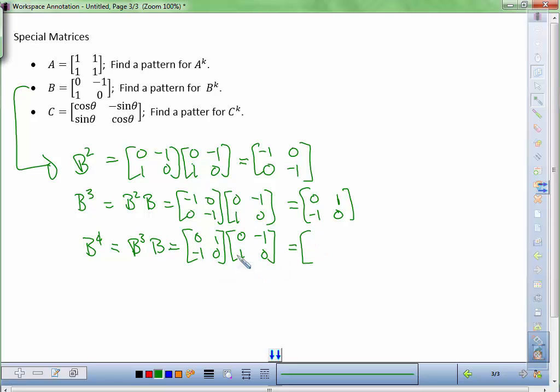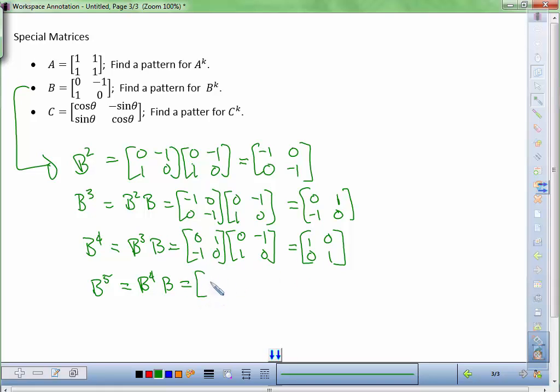All right, first row, first column gives 1, and so on through each entry. Okay, and let's go one more: b to the fifth is b to the fourth times b.